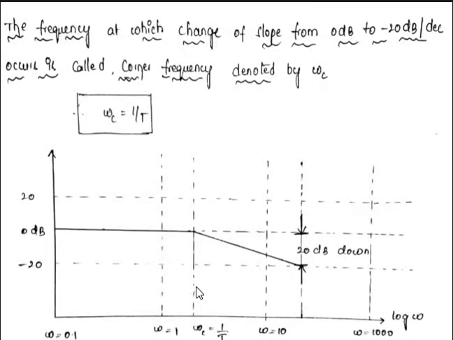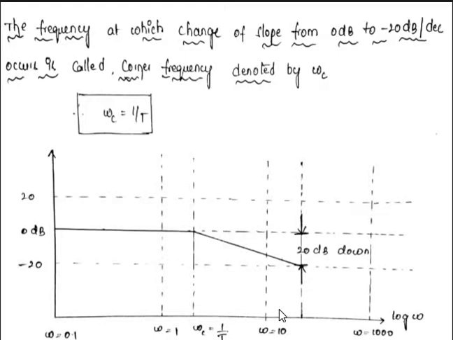For example, omega is equal to 1 is this line, then omega is equal to 2, omega is equal to 3. For example, this line is omega is equal to 3, and the slope starts decreasing at omega is equal to 3, and we have to end at omega is equal to 30. Then 10 different values will be there between these two lines.